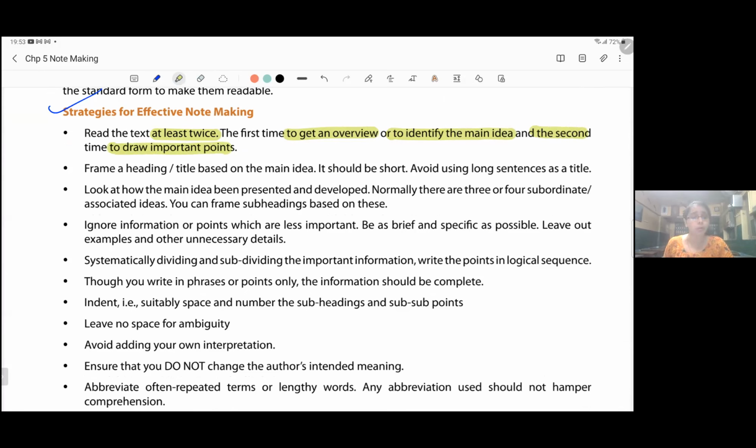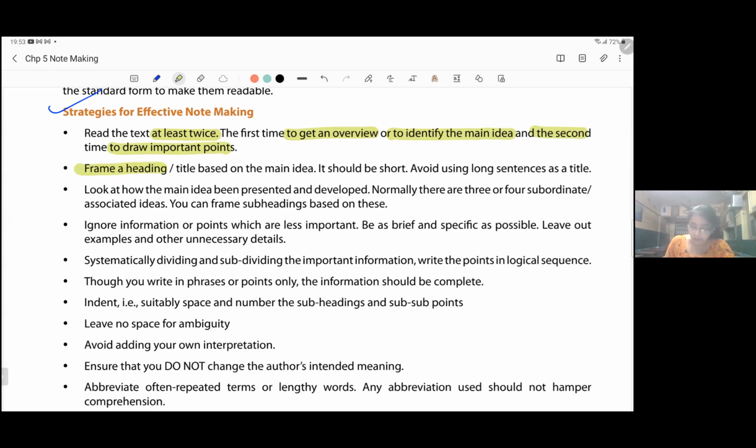First time you will just read and get the main ideas about what the passage is telling you. After that, for the second time you will underline the main points, just as you did in precis writing, but in this you have to go very deeply into the paragraph and then you can give a note on that.